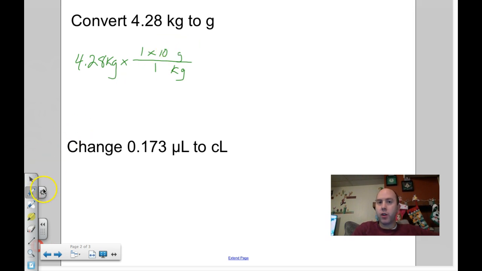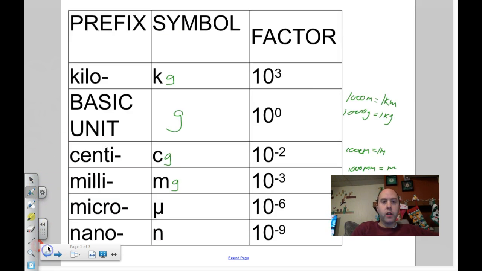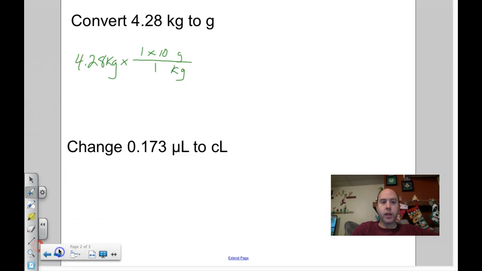This is where you have to know those factors. To figure out the exponent, you do the higher order factor minus the lower order. Since I'm doing kilo and the basic unit, it's 3 minus 0, which equals 3. So my exponent is 3, and 1 times 10 to the third is 1,000. That's where you get the 1,000 basic units.